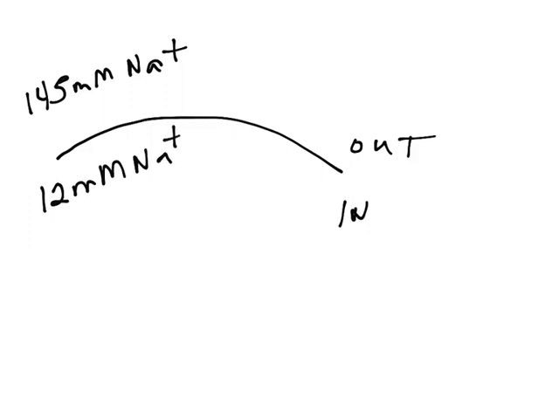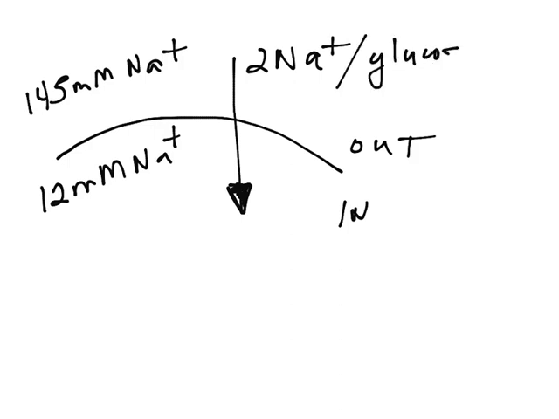inside the cell. So the way this particular pump works is it's bringing ions and glucose in. It's going to bring 2 sodium cations in for every single glucose molecule that it brings in.